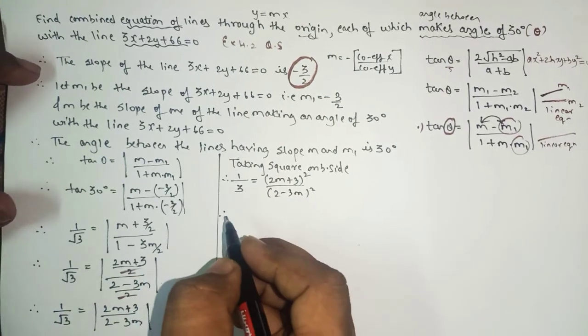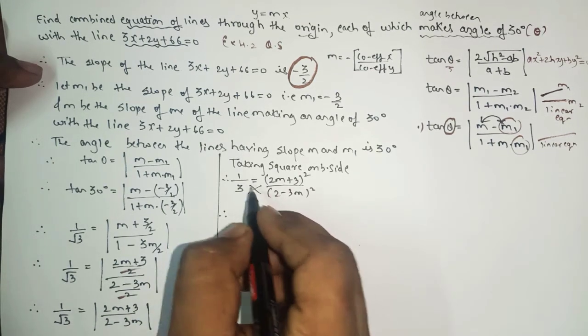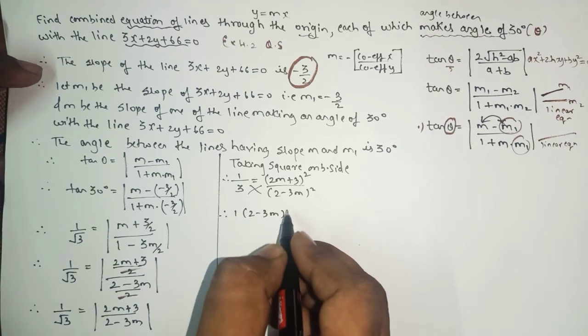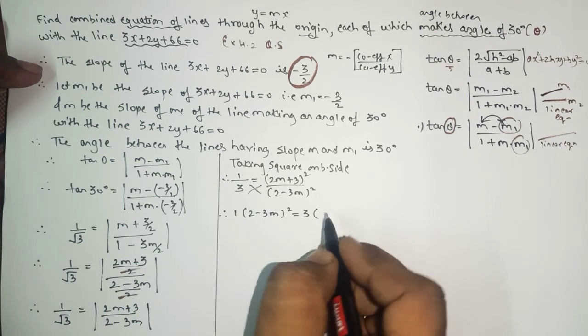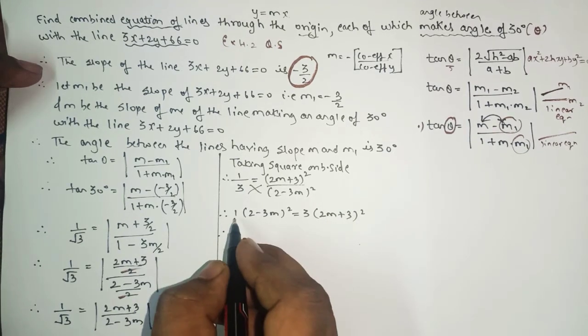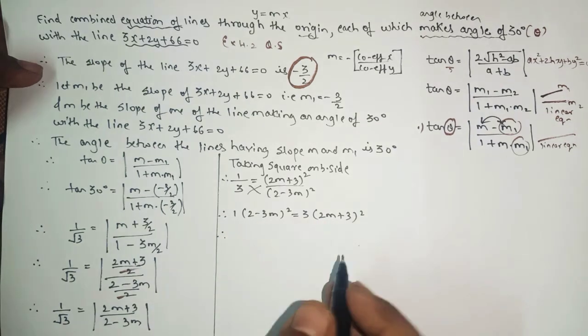Understood? After this cross, this will be 1 times 2 minus 3M the whole square, and this will be 3 times 2M plus 3 the whole square. Multiplying this part with 1, you will get 2 minus 3M the whole square only.